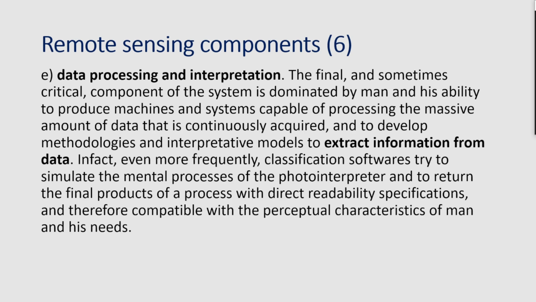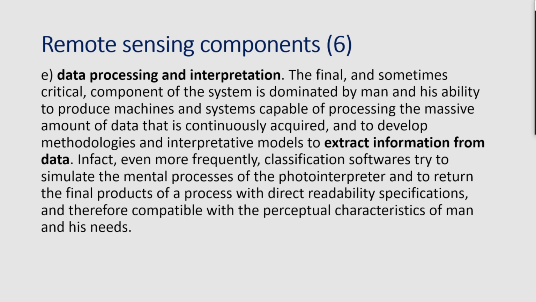Remote sensing components. 6. E. Data processing and interpretation. The final, and sometimes critical, component of the system is dominated by man and his ability to produce machines and systems capable of processing the massive amount of data that is continuously acquired, and to develop methodologies and interpretative models to extract information from data.